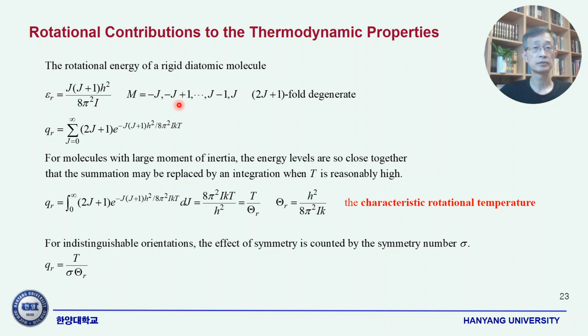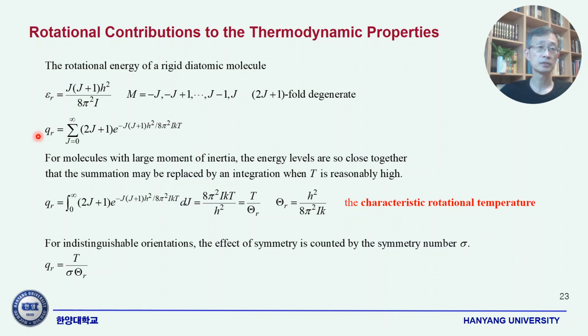Each J state has degeneracy 2J plus 1, because there is the rotational quantum number J and the directional component m quantum number, from minus J to J and all the integers in between. So there are 2J plus 1 states.